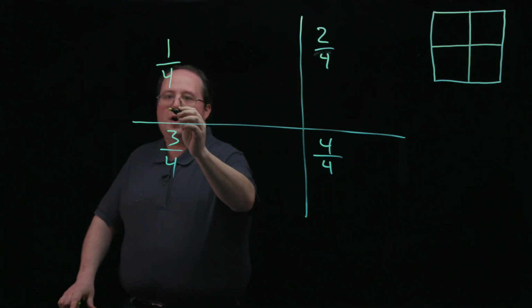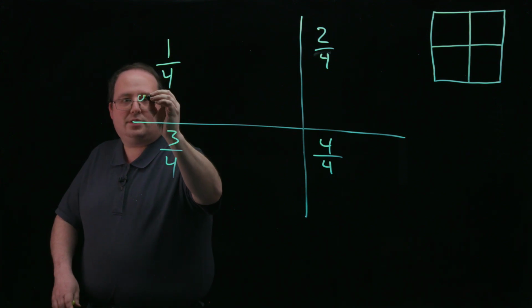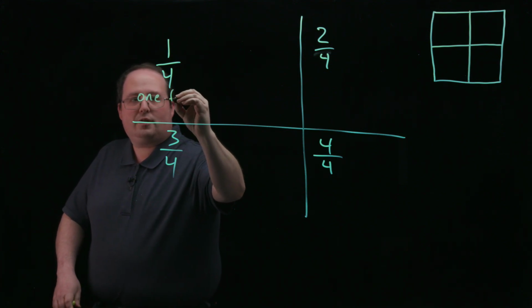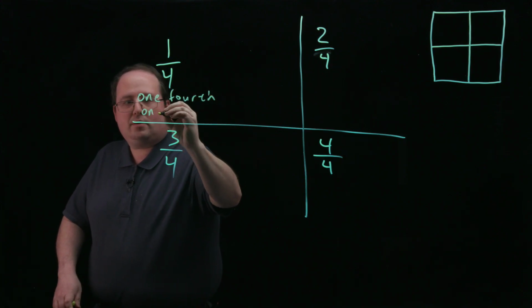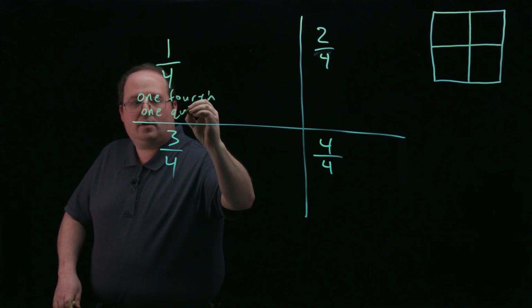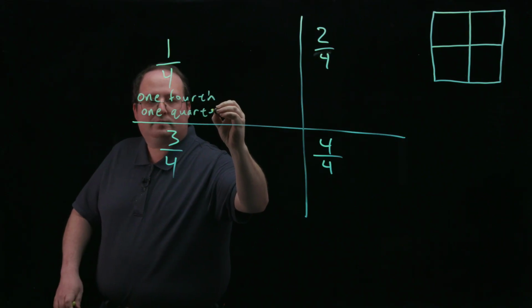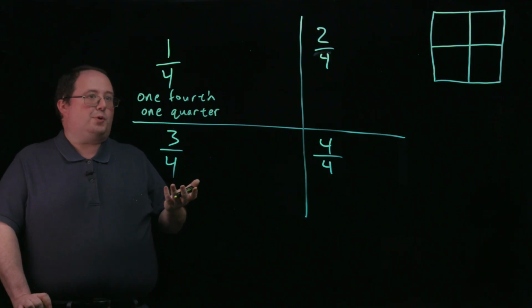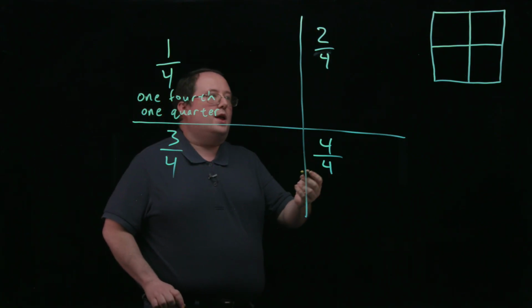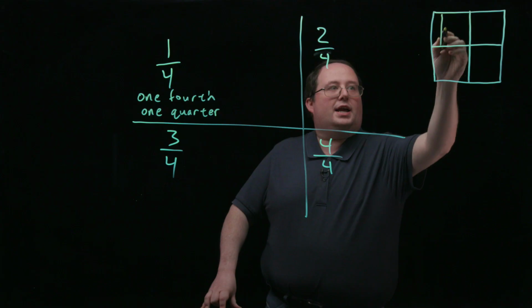And so this is 1/4, or one fourth. And in this picture, since we have 4 equal pieces, then we want to select or shade one of those.